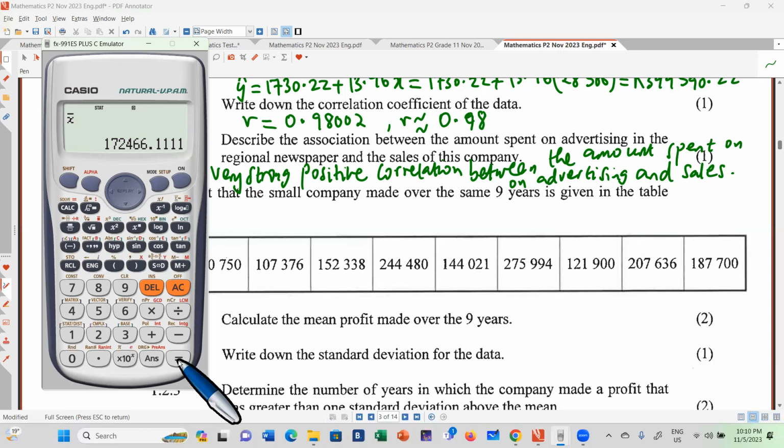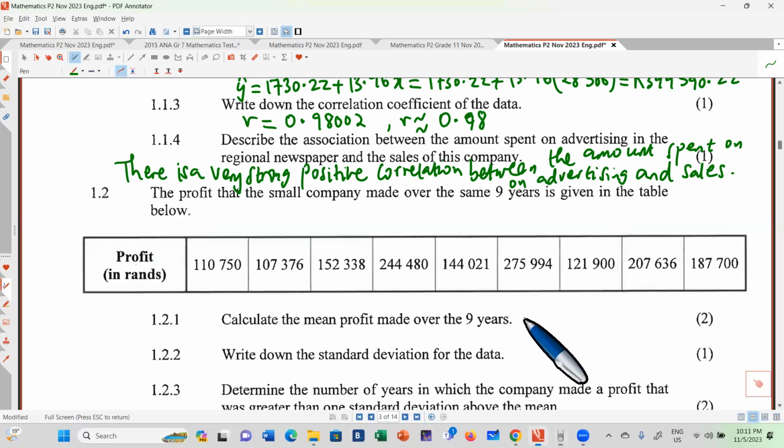172,466.1111, etc. But to 2 decimal places, we're going to write 172,466.11. So what is the mean? That's what we're going to write. So here we write the mean.